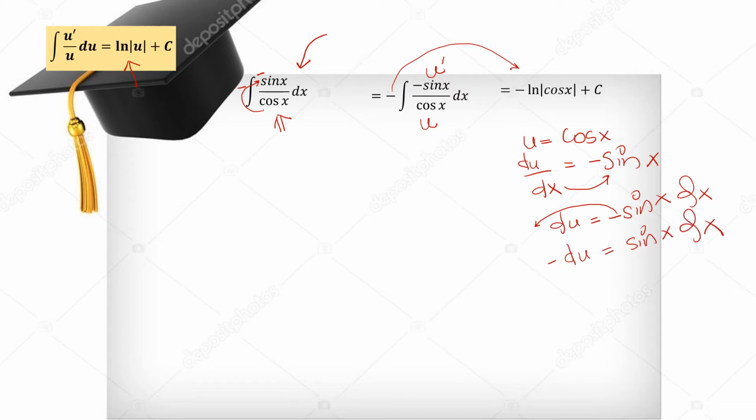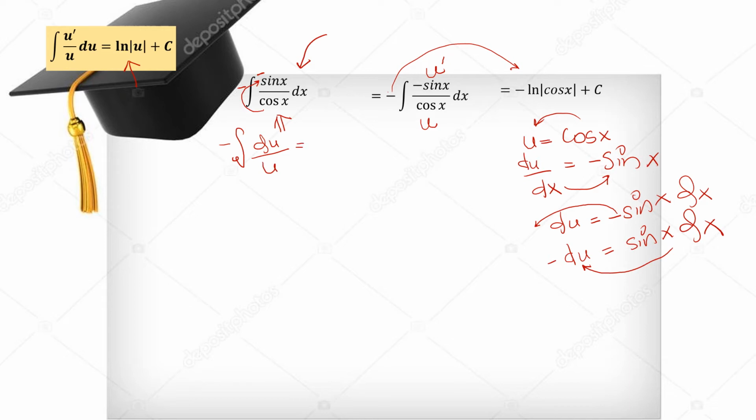Now write all the terms of x in the u form. In the question, sin x dx, which I changed into negative du, write the negative outside and the du inside. And cos x is in the denominator, which we supposed equals u, so instead of cos x I will write u.